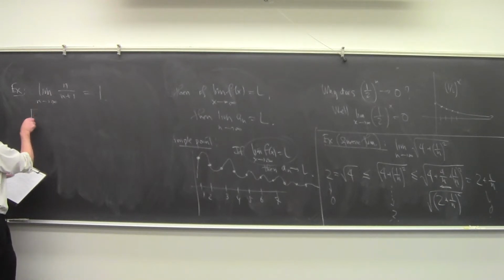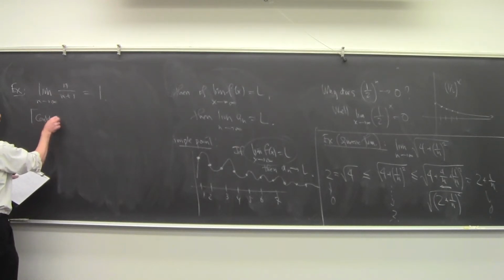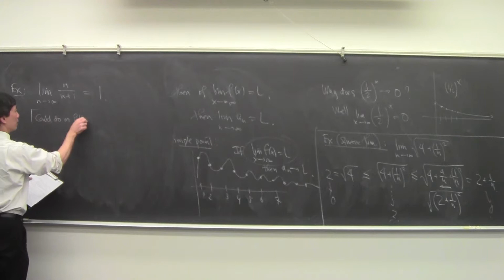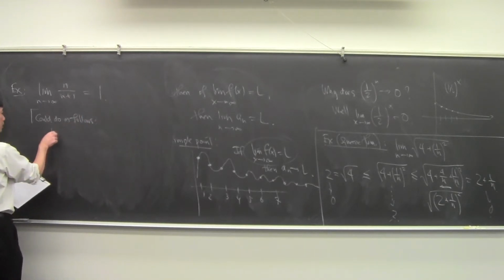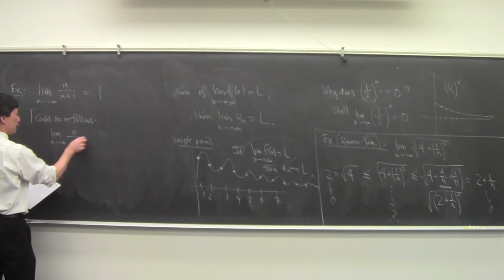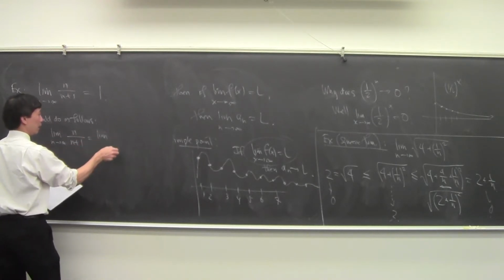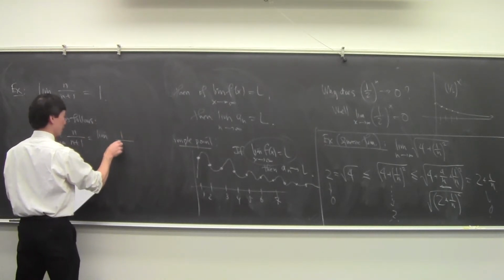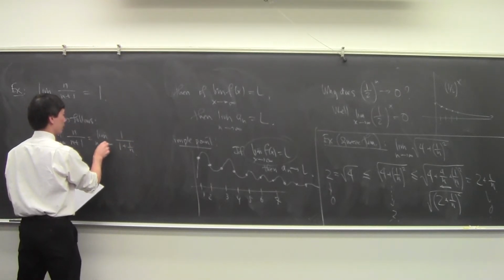You could do as follows. Say the limit of n over n plus 1 as n goes to infinity is the same thing as the limit of 1 over 1 plus 1 over n as n goes to infinity.